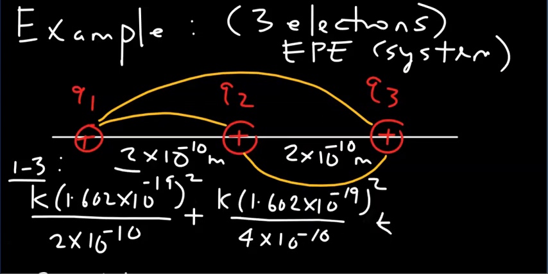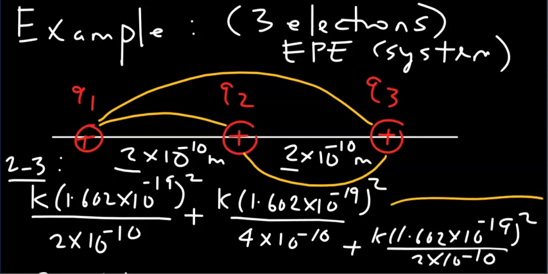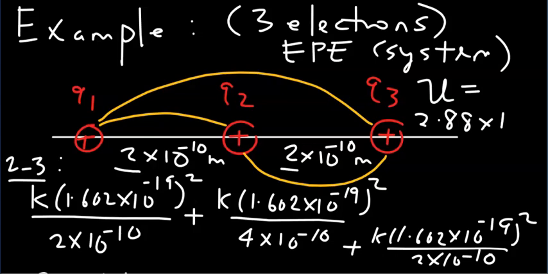The distance between them is 4 times 10 to the power minus 10 meter. And the final term that you need to add is the 2-3 term, and the 2-3 term is given by that. And the total electric potential energy of the system is given by 2.88 times 10 to the power minus 18 joules. Note that this K is 9 times 10 to the power 9. It's a constant that appeared in Coulomb's law.